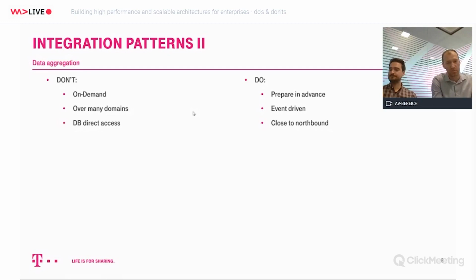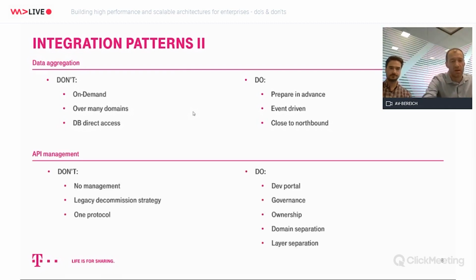If you need to aggregate something, prepare it in advance, and don't do it on the fly, especially directly on the database layer. It is okay if this is done by a data warehouse. This is their job, but I'm speaking about direct consumption of data from digital channels, from self-care apps.